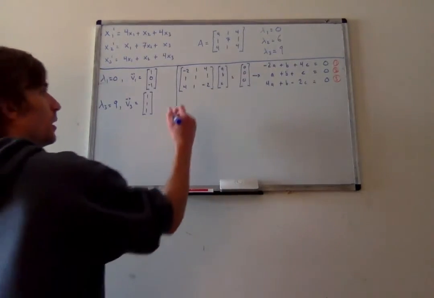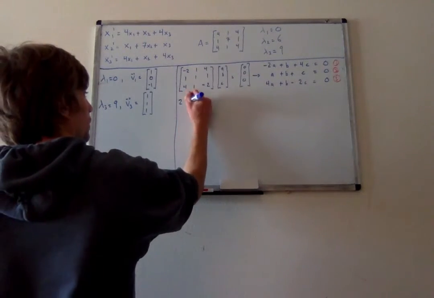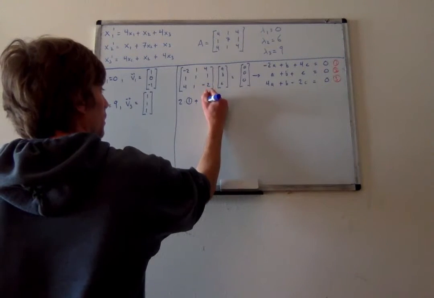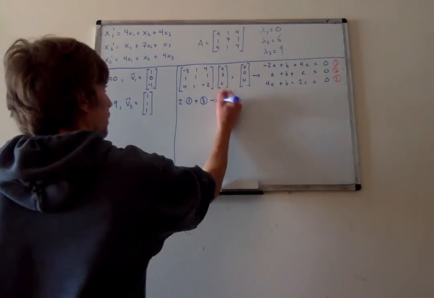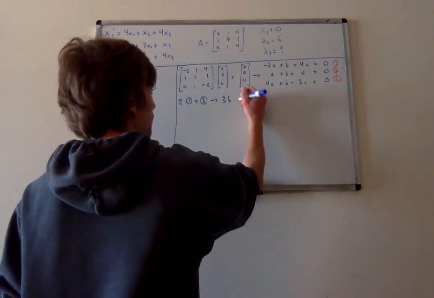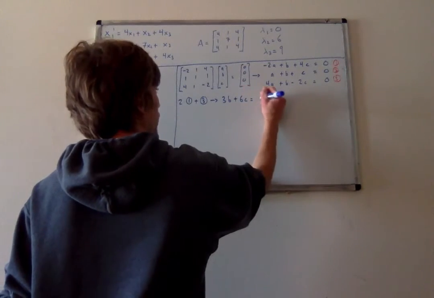So if I do 2 times 1 plus 3, that cancels out the a's, and I get 3b plus 6c is equal to 0.